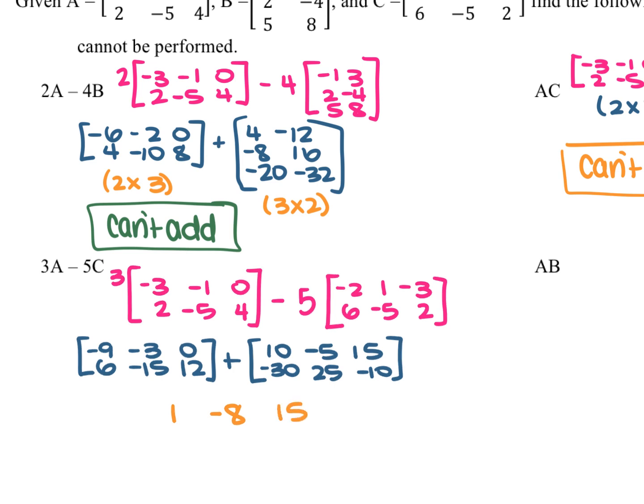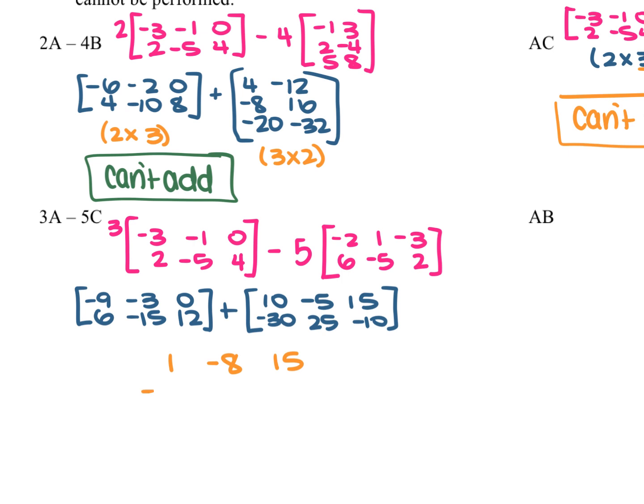Bottom left on both, 6 minus 30 is negative 24. Middle bottom on both, negative 15 plus 25 is 10. And bottom right on both, 12 minus 10 is 2. So we have the matrix 1, negative 8, 15, negative 24, 10, 2.